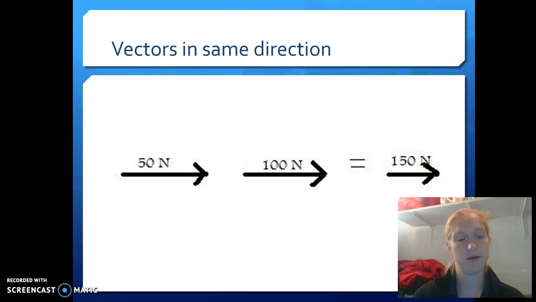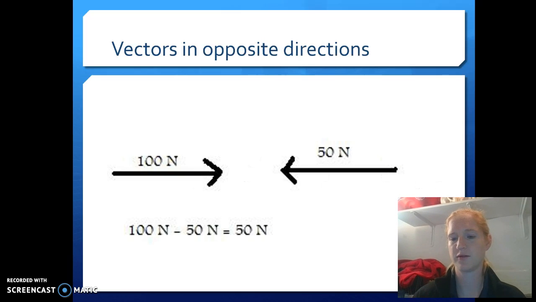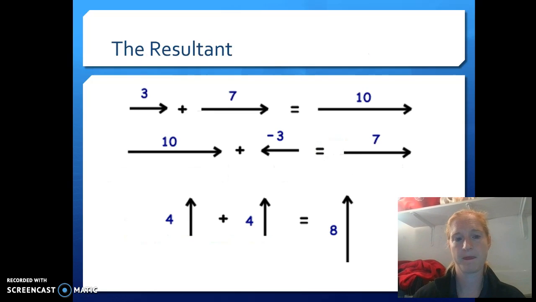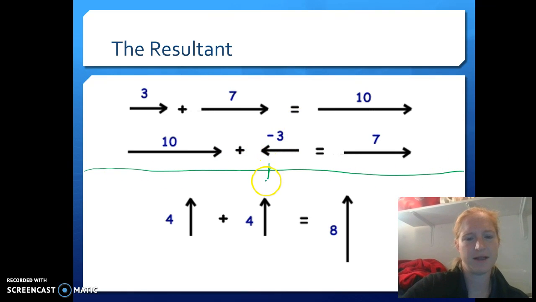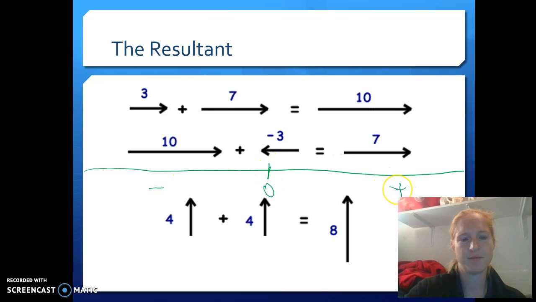So here we go. 50 going one direction, 100 newtons going one direction, 150. All kind of review. Basic math: if they're going in the same direction, they add. If they're going in opposite directions, they subtract. Or you could think of this like a number line. Your number line has 0 in the center, with negative numbers on one side and positive numbers on the other.